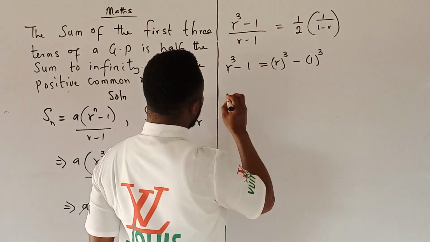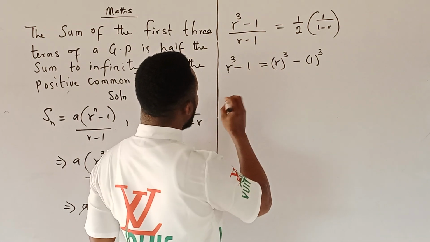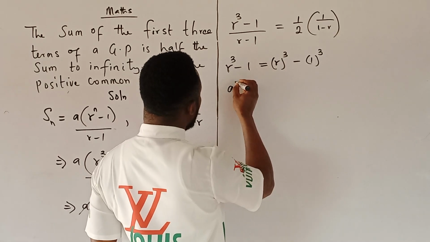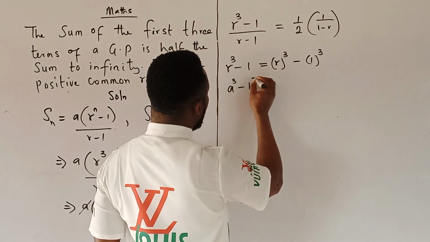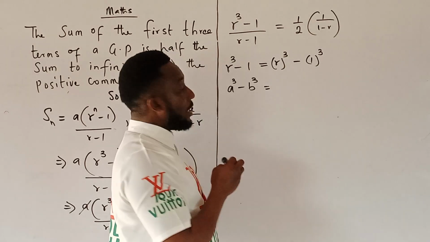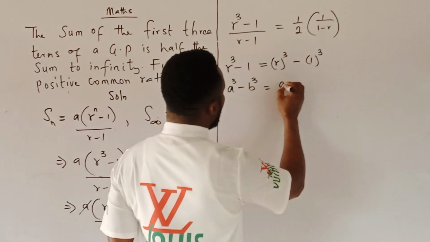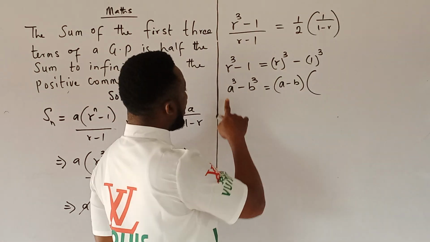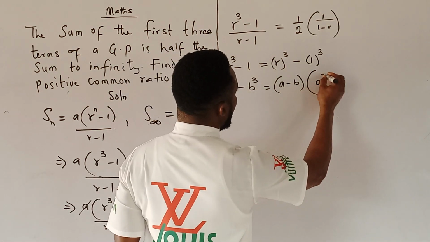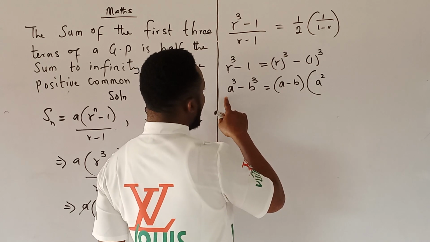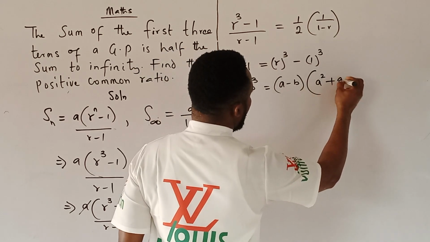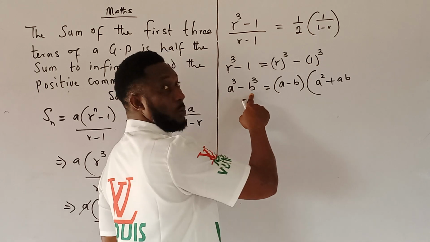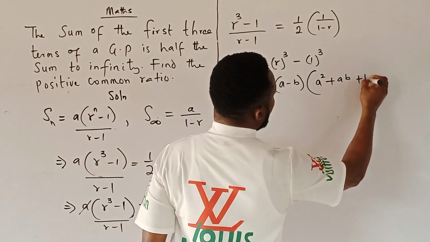And from the identity, we have the difference of two cubes, a cubed minus b cubed. To factorize this, we take the difference in one parenthesis, we open another parenthesis, we take the first and square it, multiply the first and the second, that will be ab, take the second, which is b, and square it, that will be b squared.